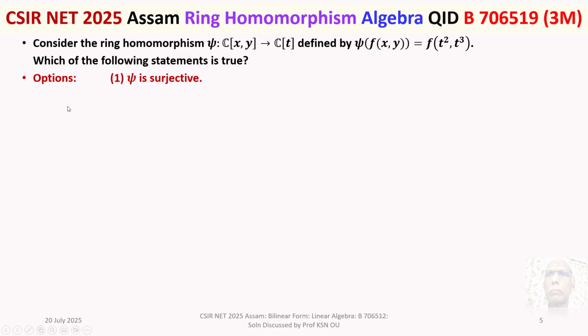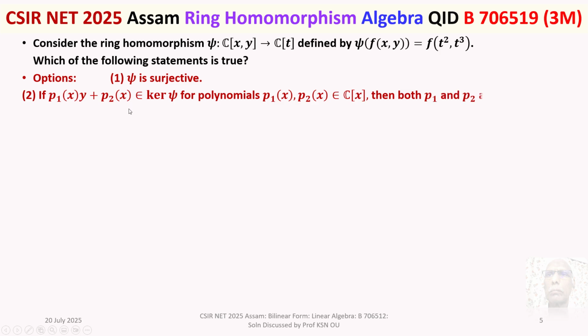We are given 4 options. Option 1, psi is surjective. Option 2, if p1(x)y + p2(x) belongs to ker psi for polynomials p1(x), p2(x) belonging to C[x], the polynomial ring C[x], then both the polynomials p1 and p2 are the 0 polynomials.